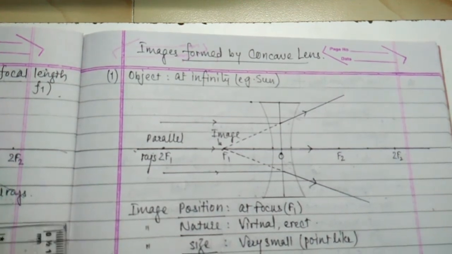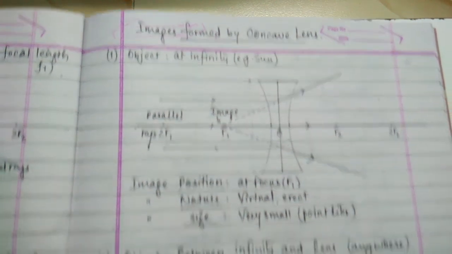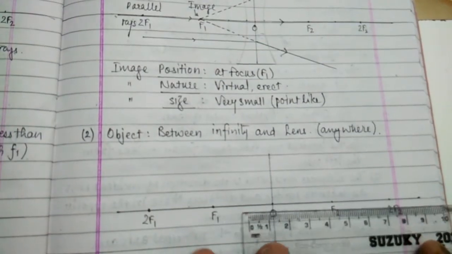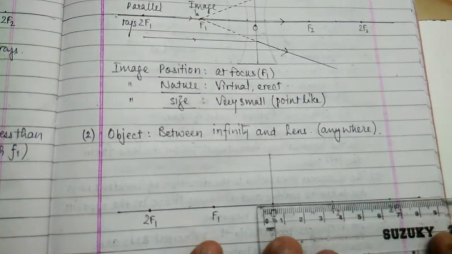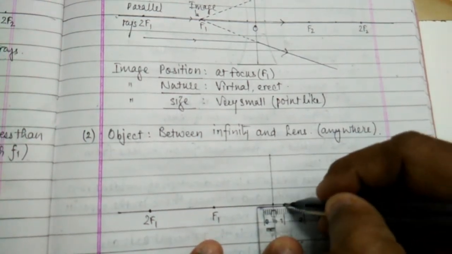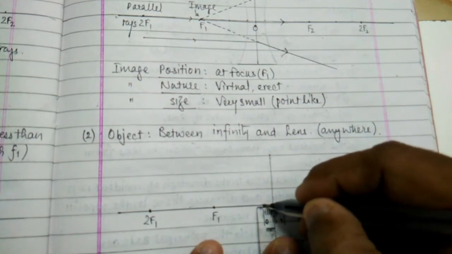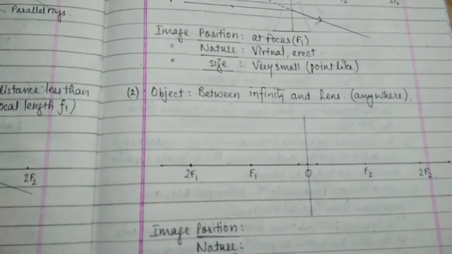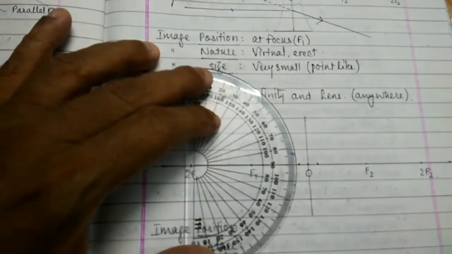Now again, half centimeter, and this is half centimeter. So you can draw by the protector also.